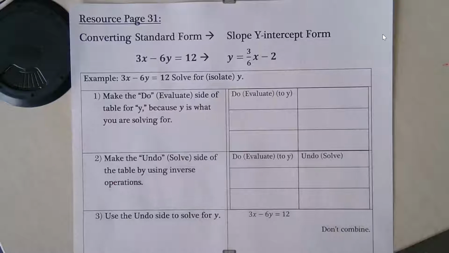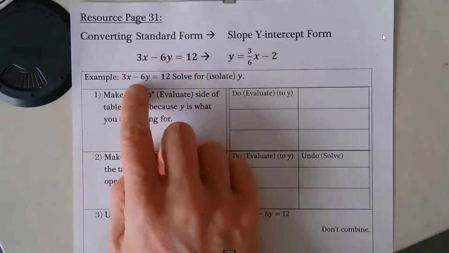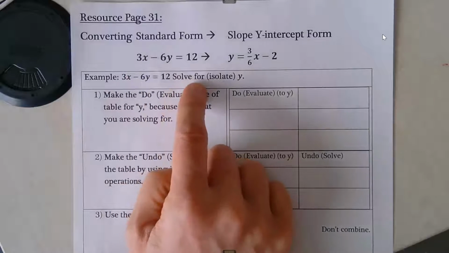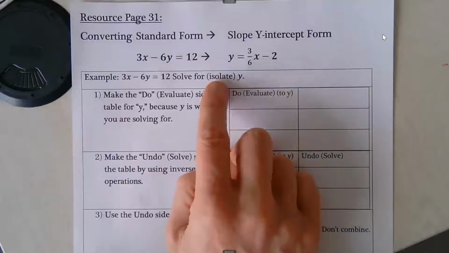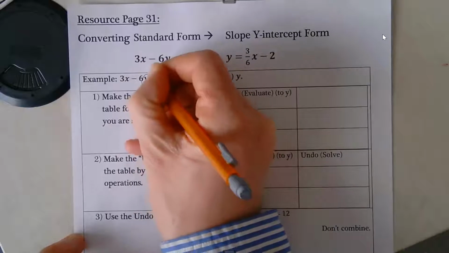What I'd like you to do first is take this equation, 3x minus 6y equals 12, and think about how you're going to try to solve for y, trying to isolate y, trying to get y by itself. So this is what we're trying to get by itself.